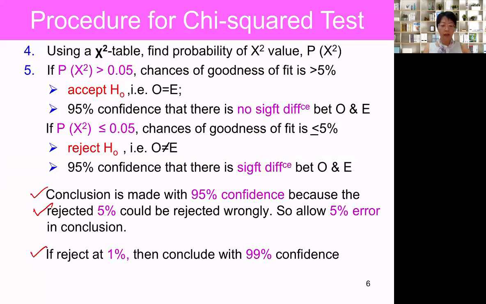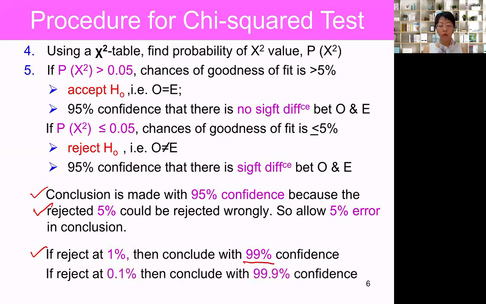But if you reject at the final 1%, that means any chi-square value that are located at the final 1% of the population size in the chi-square distribution graph, right, reject at 1% level, then your confidence level of your conclusion is actually 99%, okay? Now, if you reject at a 0.1%, that means your final 0.1% at the end there, then you can conclude with 99.9% confidence, okay? For A levels, we choose 95% confidence. So we reject at the 5% level, right?